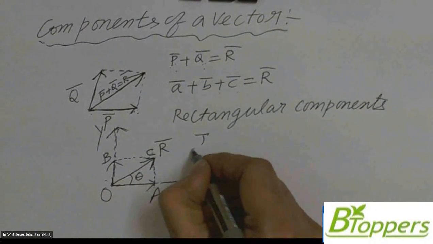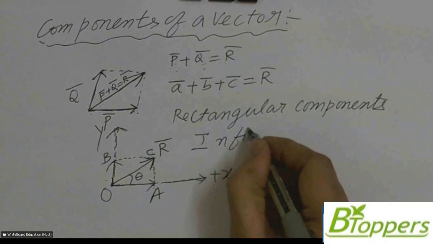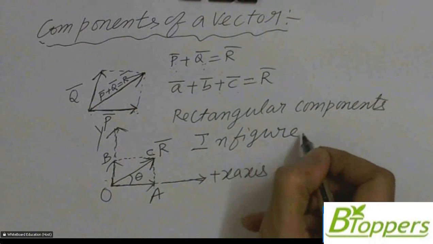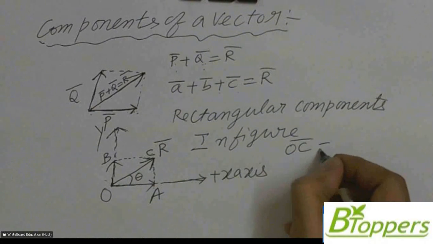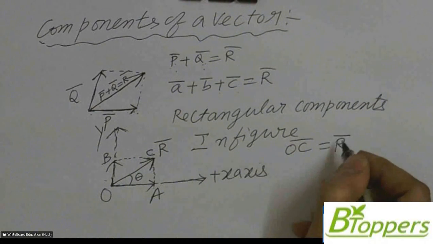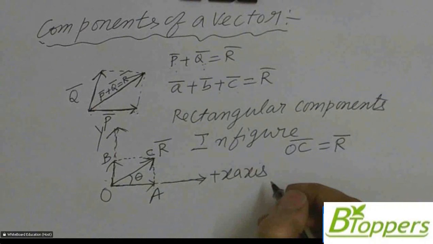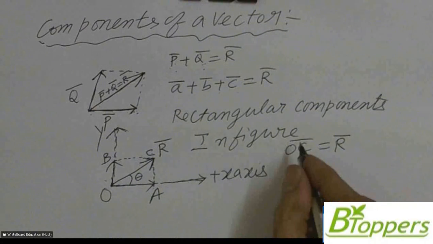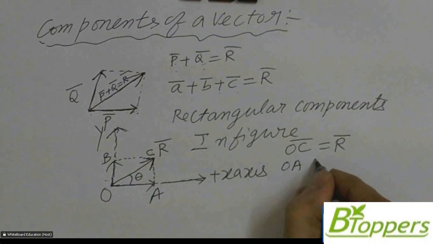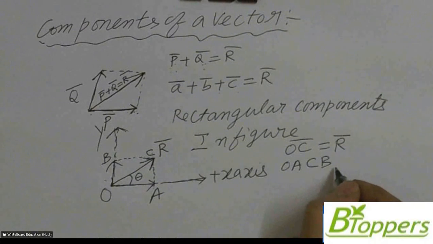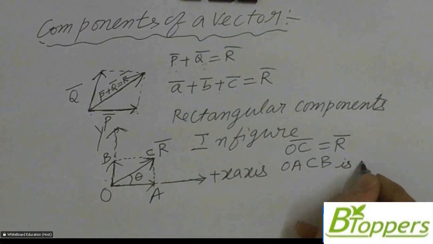So in this figure, the directed line segment OC bar represents the vector r bar, which makes an angle theta with the positive direction of the x-axis. OACB is a rectangle.